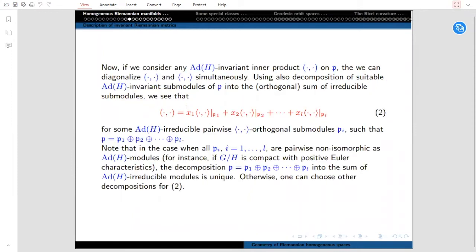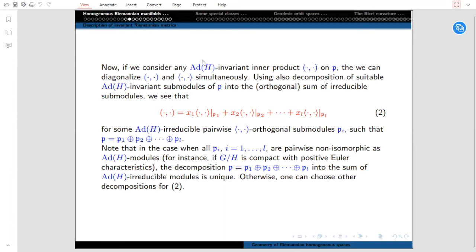Okay, now a little more complicated structure. If we consider any Ad H-invariant inner product on P, then we can diagonalize this inner product and the fixed inner product simultaneously. It's a very well-known result from linear algebra.